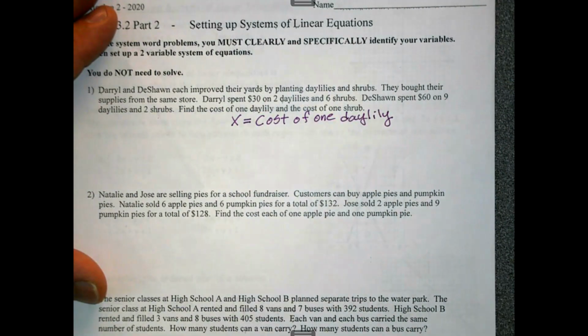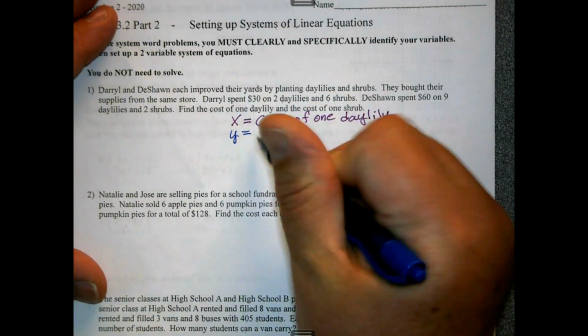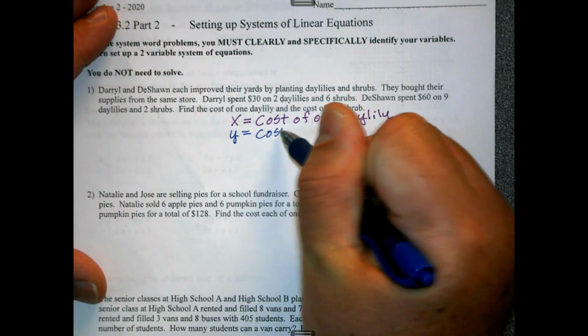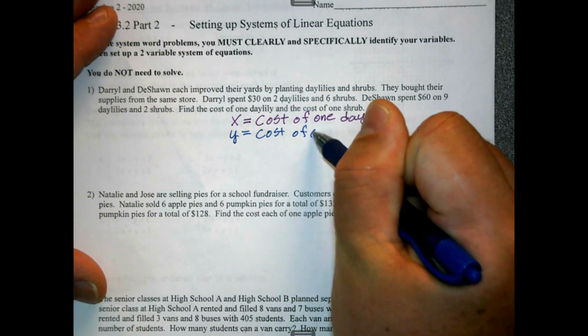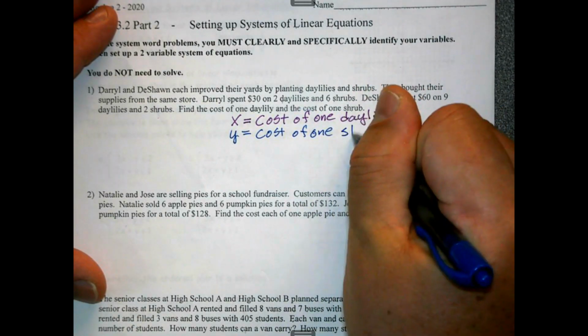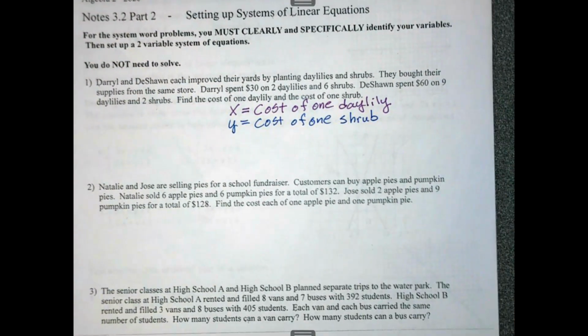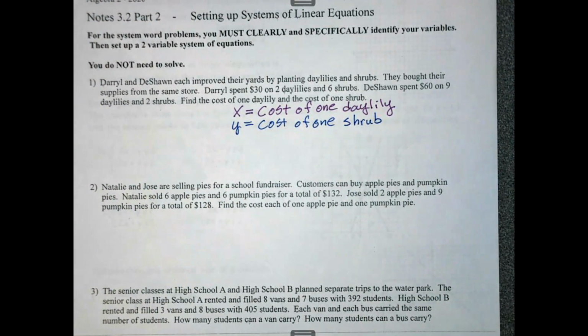Then I'm going to let Y equal the cost of one shrub. And I'm going to go back and get my equations.